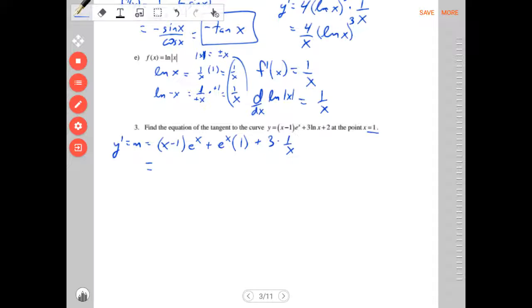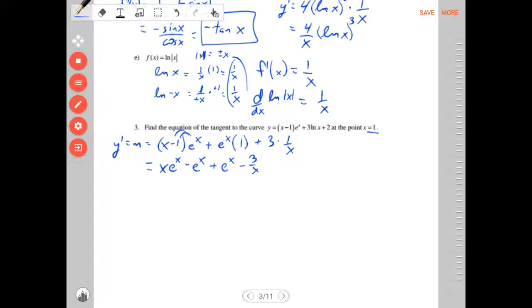Okay, this one's a little trickier because there's e to the x in 2 of them, but not in all 3. So we don't just get to combine those. We can do some nice distributing here, though. So this would be x e to the x minus e to the x plus e to the x minus 3 over x.